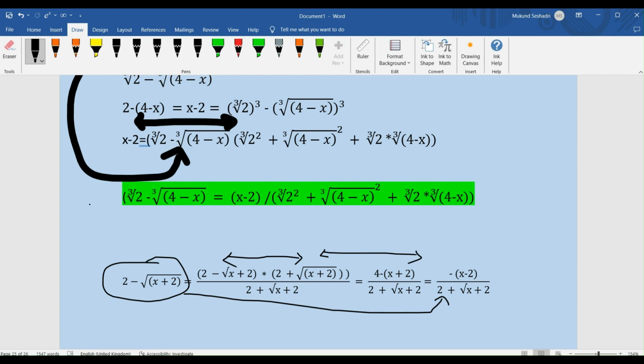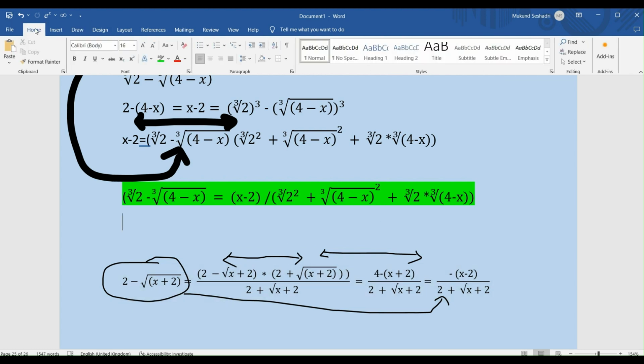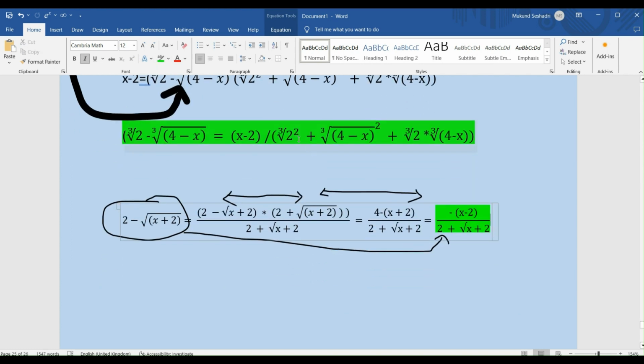So now I have my numerator, I have my denominator. This is my numerator and this one is my denominator, right?